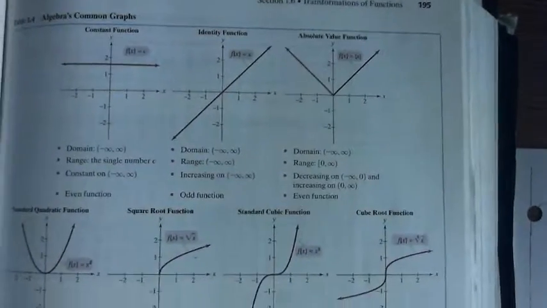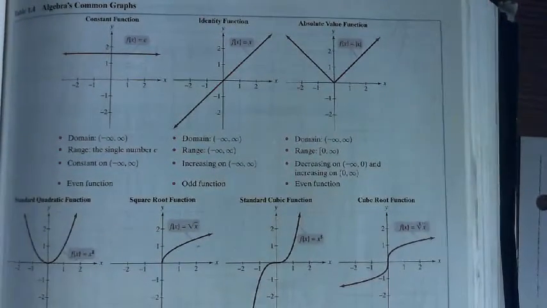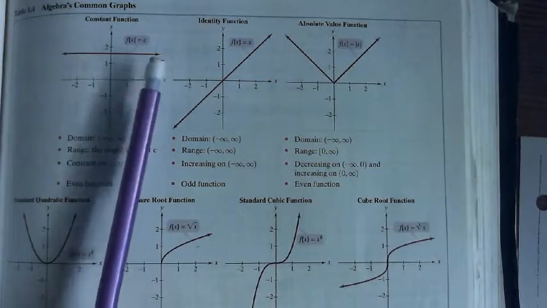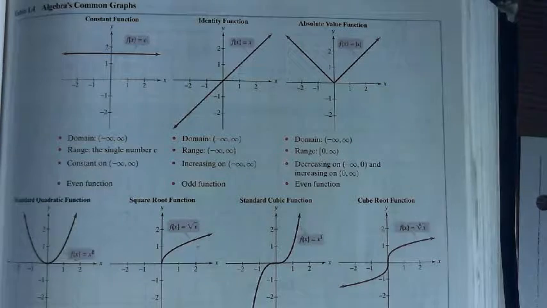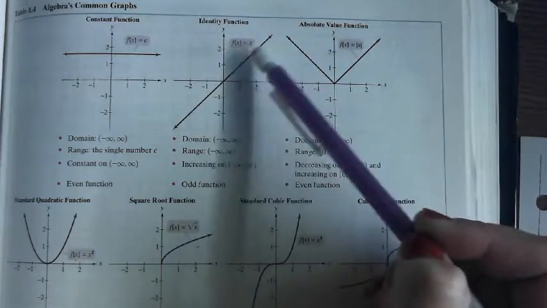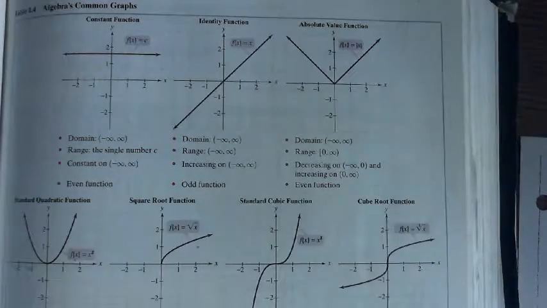little note box on what parent graphs I think you should already know, and actually we do know more than just these, and we'll slowly get to more and more. There's the constant function, which is just y equals a constant number. This is just your linear function, so just y equals x, and then transformations occur to that.